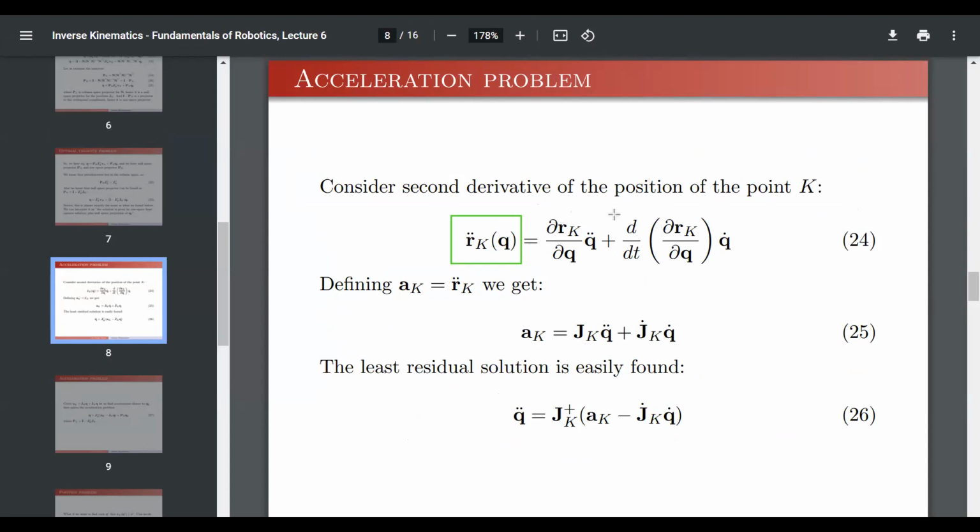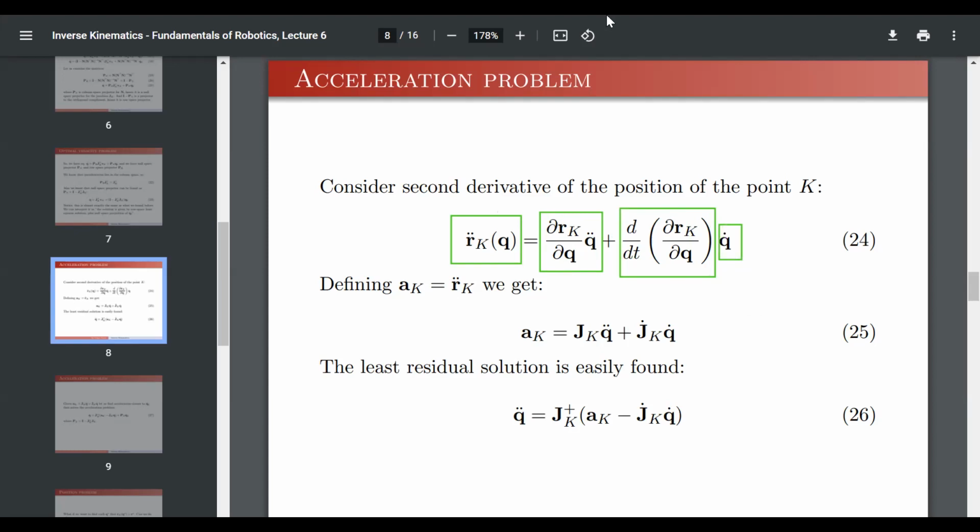Well, we need to take the derivative of that with respect to q. So remember, the derivative of a product a times b is the derivative of a times b plus the derivative of b times a. Well, this is the derivative of q dot times Jacobian. This is the derivative of Jacobian times q dot. So this is how we get this formula.